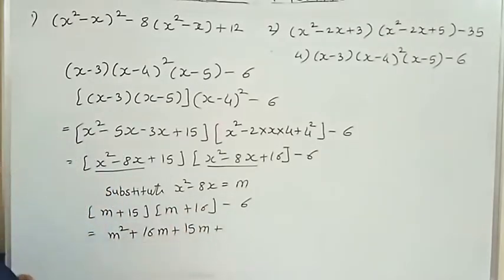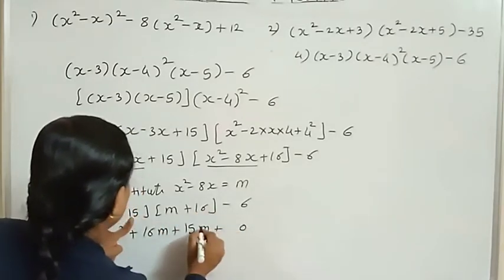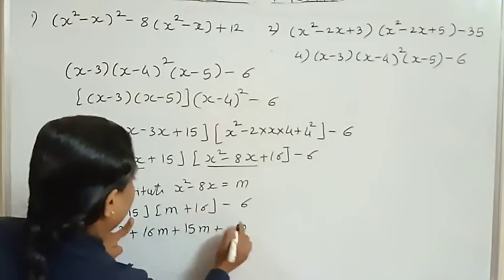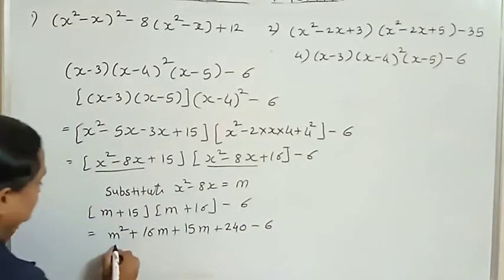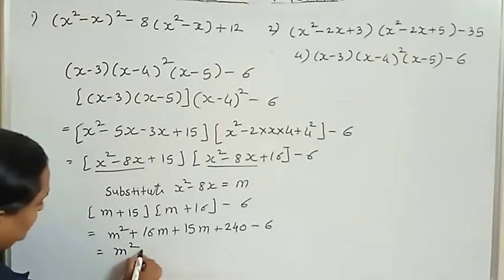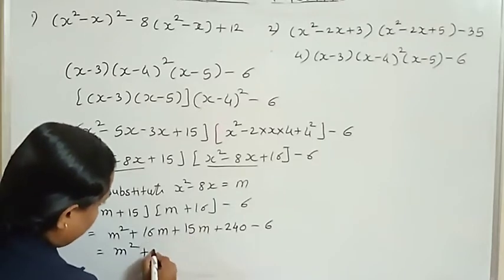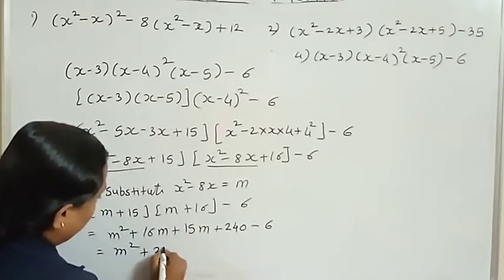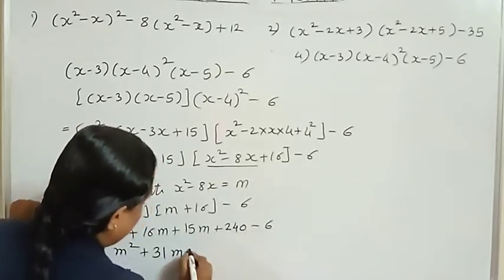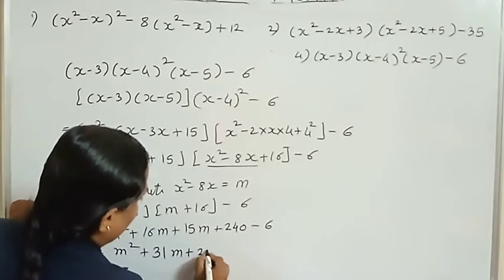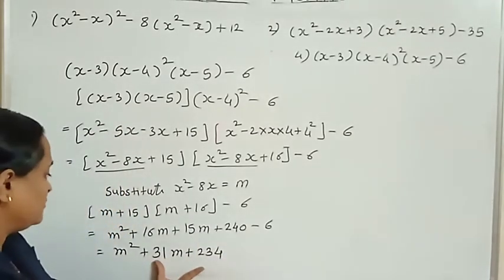Now again here multiplication we have to do: 15 into 6 is 90, and 15 into 16 is 240, minus 6. m square plus 31m plus 240 minus 6, then the answer will be 234. Now we have to find the factors of this.